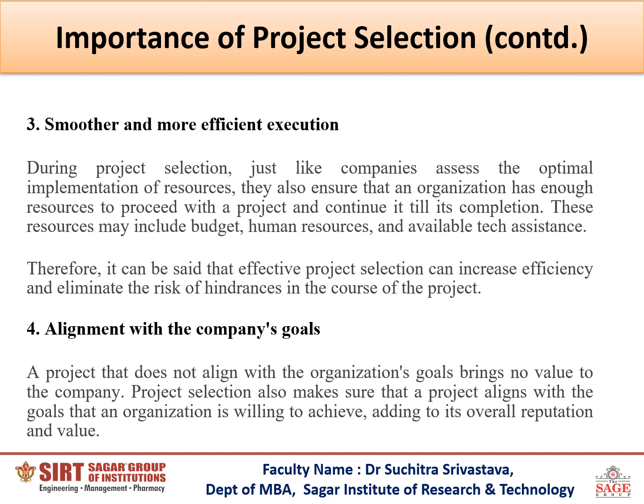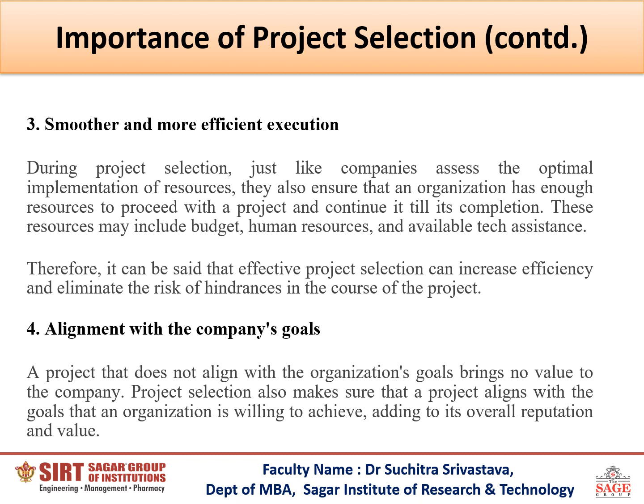Now coming to the third point, that is smoother and more efficient execution. During the project selection, just like companies assess the optimal implementation of resources, they can also ensure that an organization has enough resources to proceed with the project and continue till its completion. These resources may include the budget, the human resource, and the available technical assistance.